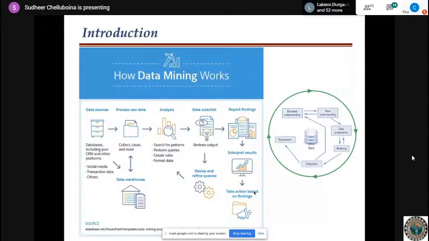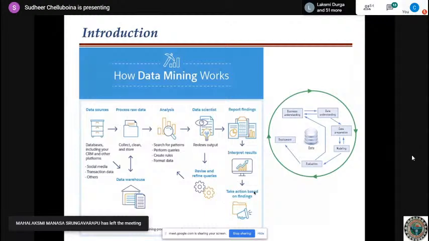That kind of data is structured data when it has been stored in the form of tables in some database.